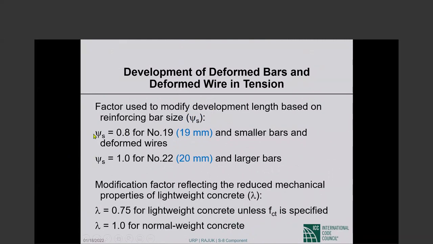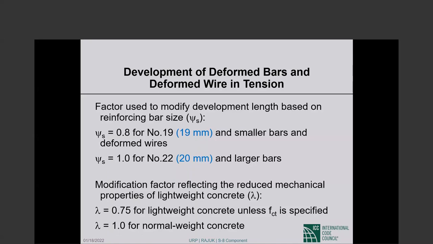All I can do is bring the arrow over, but I cannot push. Anyhow, psi sub S is 0.8 for number 19 and smaller bars and deformed wire. Psi sub S is 1 for number 22 and larger bars. So this is the bar size factor.